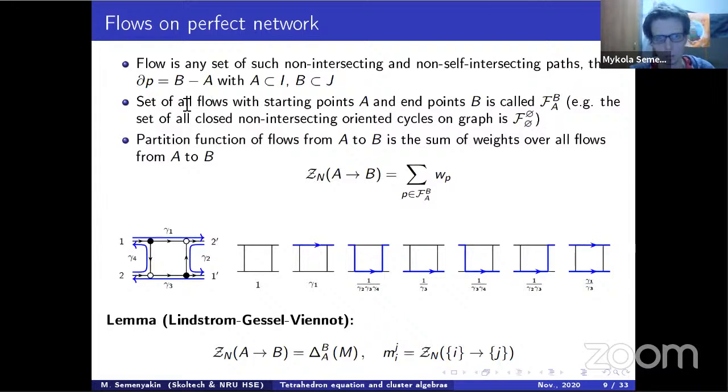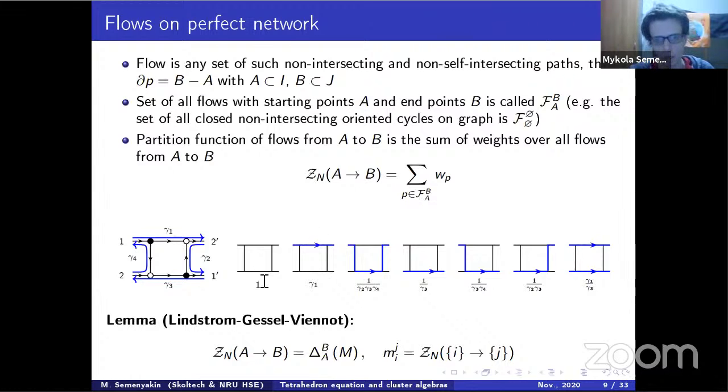And we can define the partition function of flows. Here A is some subset of sources, B is some subset of sinks, and the partition function of flows from A to B is the sum over all flows which go from this subset of sources to another subset of sinks of the weights of these flows.